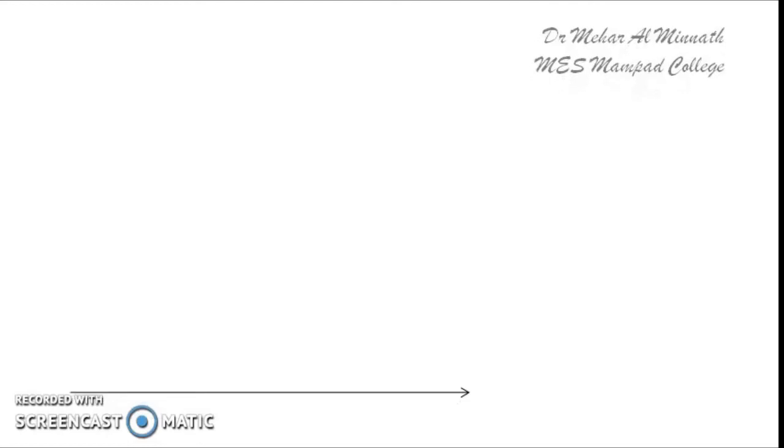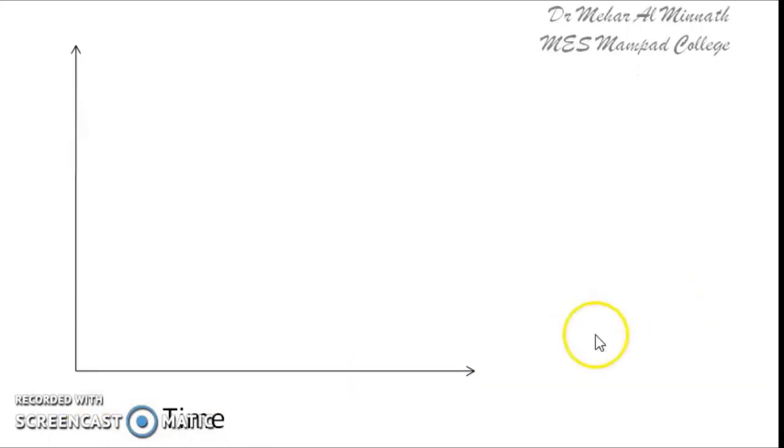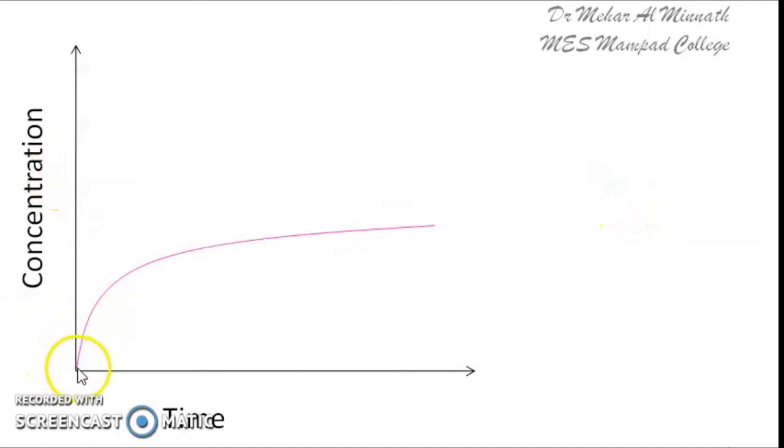Now, let us see how the change in concentration of the reactant and the product can be plotted in a graph. Suppose you plot a graph with x-axis and y-axis. On the x-axis, you mark the time, and on the y-axis, you mark the concentration. Then the change in concentration of the product B will be in this pattern.